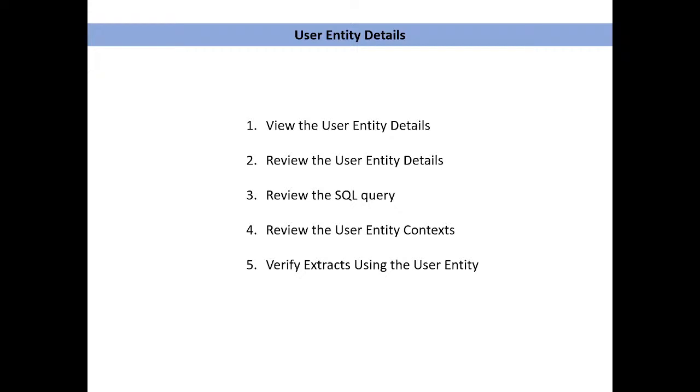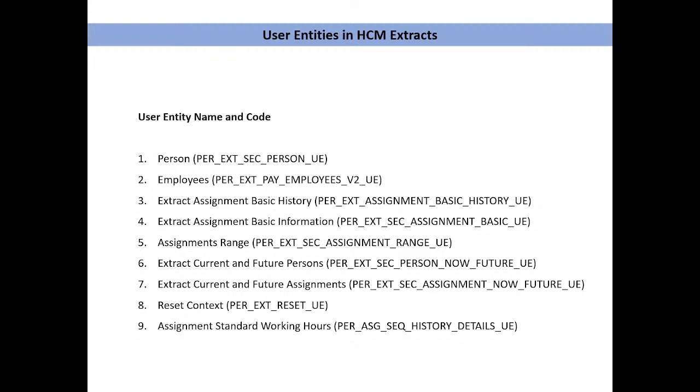And there you can review the type of user entity and view the database items available in a user entity, validate the user entity, review the context used and set by the user entity, then review the SQL query, and also calculate the number of rows in a data set and verify the extracts that are using the user entity. Okay, so these you can see are under the user entity detail page.